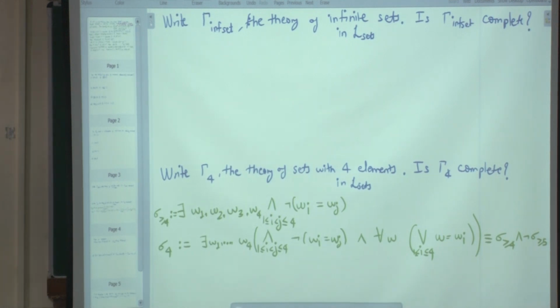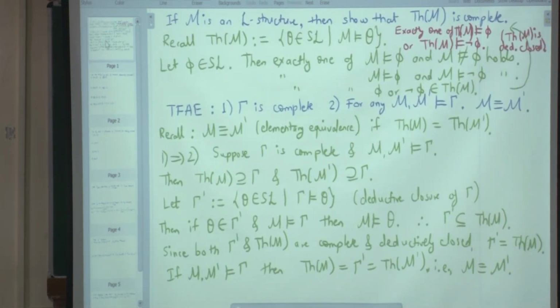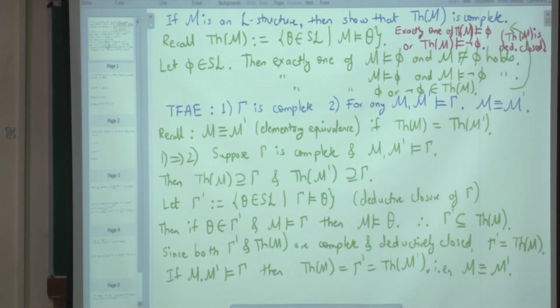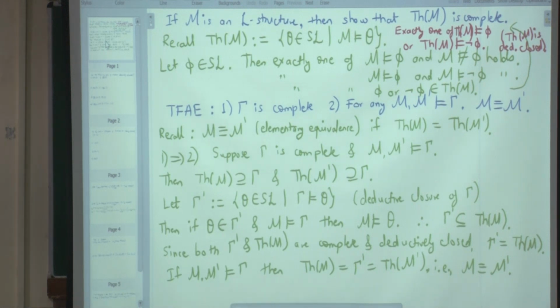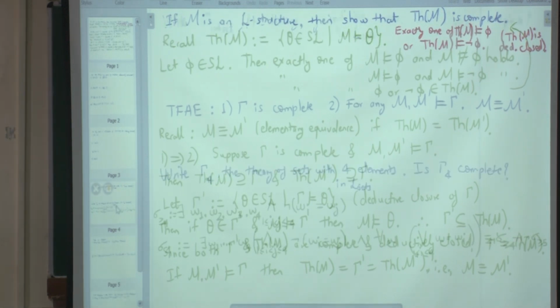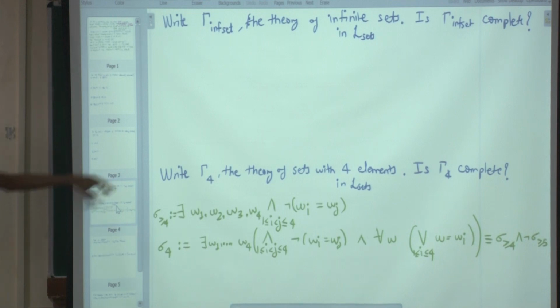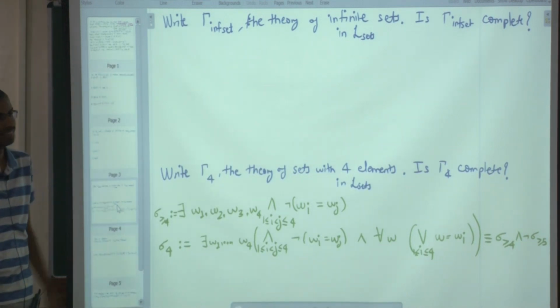And therefore, by whatever we just proved, 2 implies 1, we get that the theory of sets containing 4 elements is complete. Do you understand what's going on? If you understand this, then perhaps you should try to answer this question.